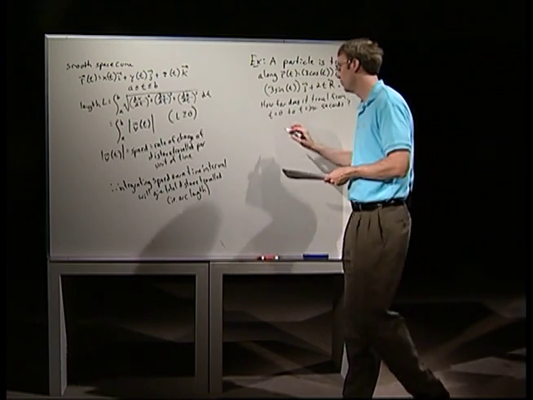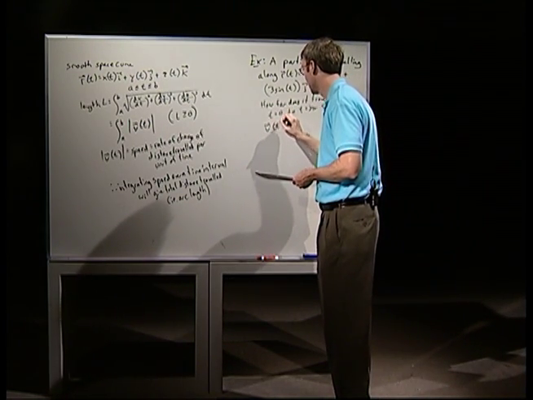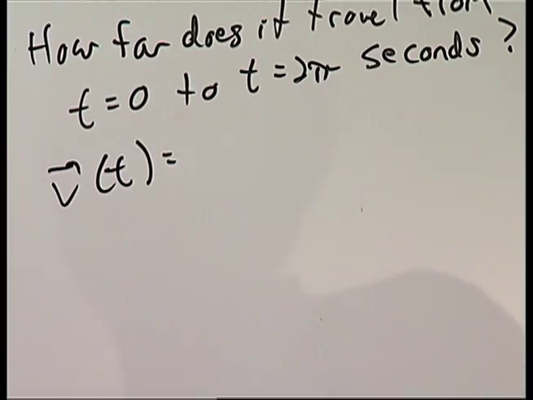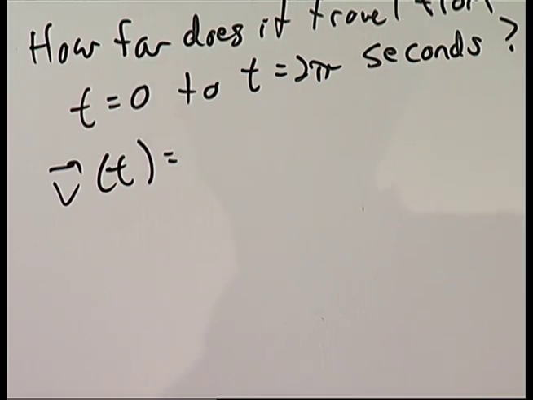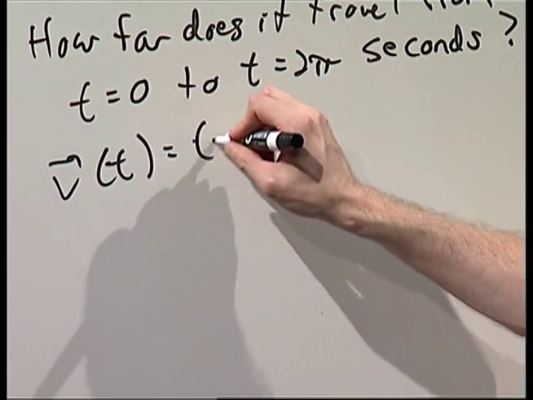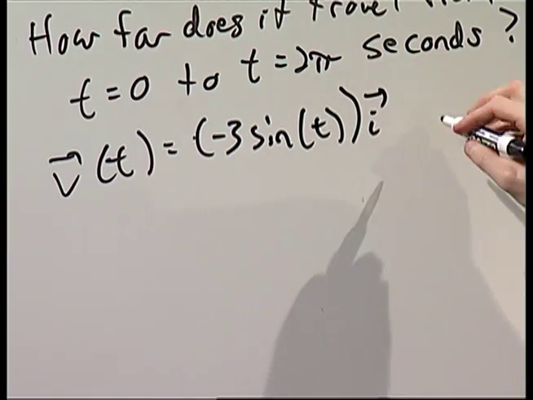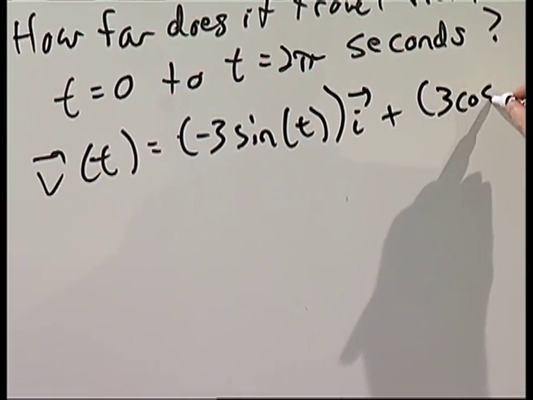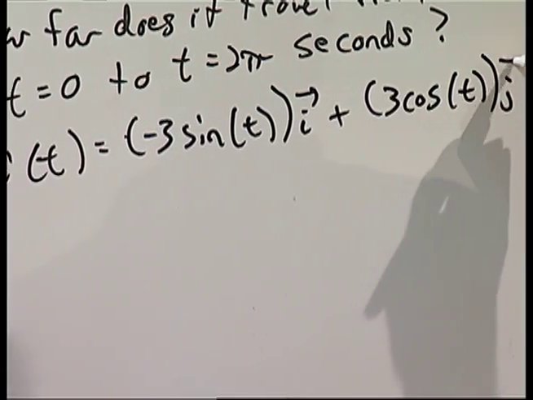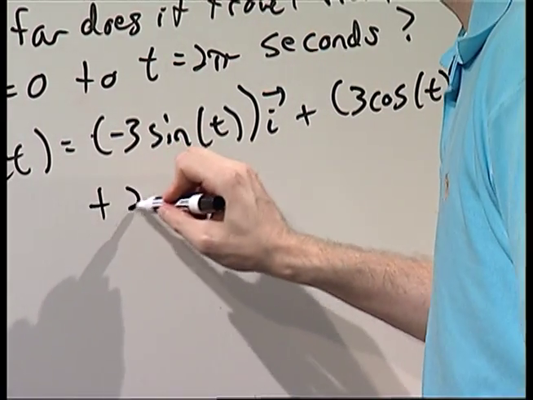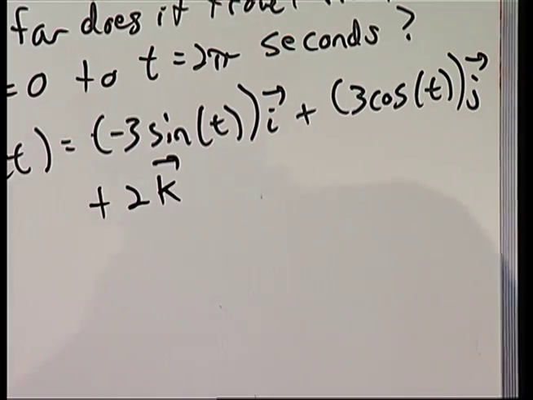Okay, so what do we need? Well, velocity for one thing, because we're integrating the length of velocity. So velocity is minus 3 sine t i, 3 cosine t j plus 2k, right?